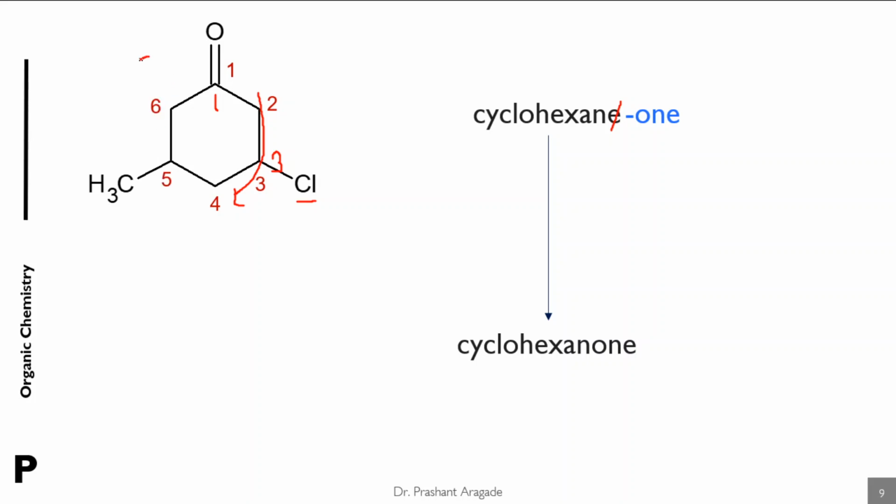If you give the numbering anti-clockwise, then it will give 3 number to the methyl and 5th number to the chlorine containing carbon atom.